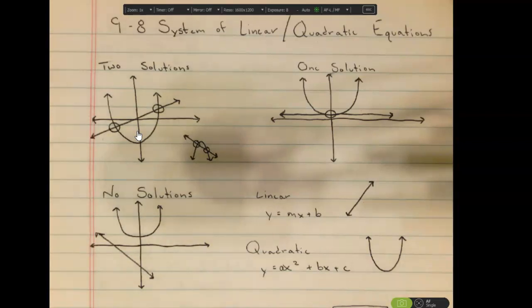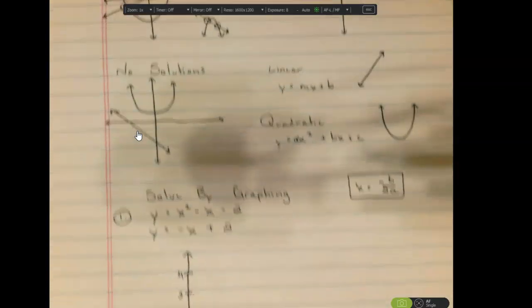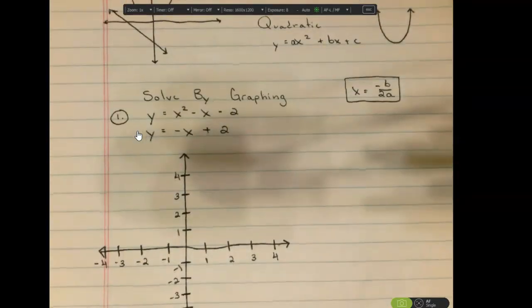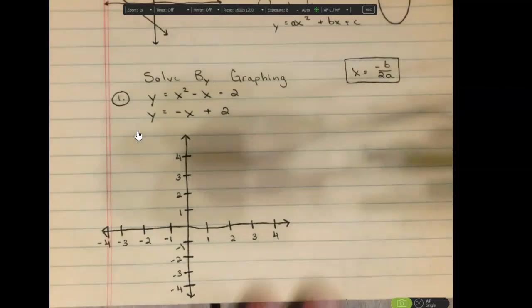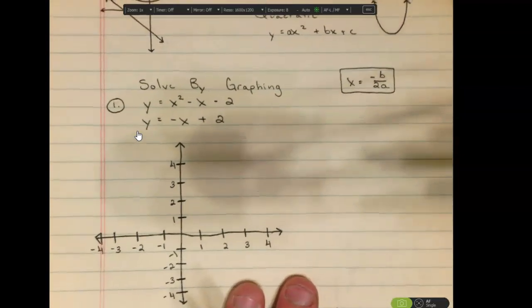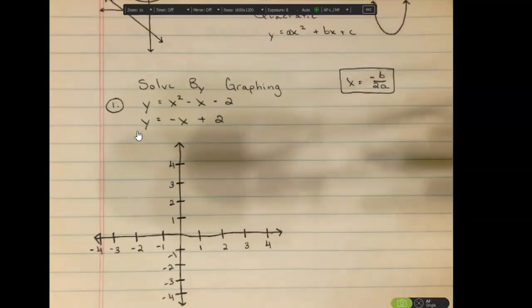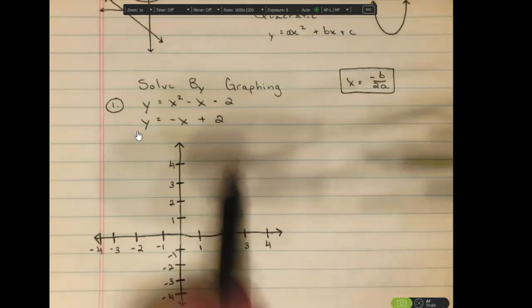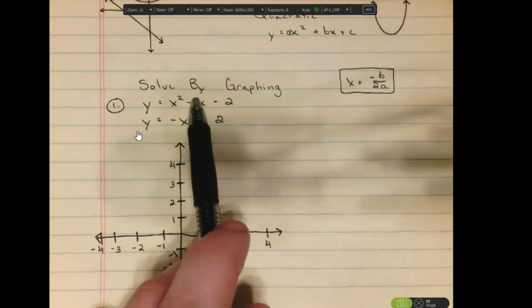Whenever we're solving a system of equations, there are three different ways that we can solve these. In my opinion, the first method that I'm going to show you is actually the method that we use least. I just want you to be familiar with it and know how to solve it. That first way is to solve by graphing.